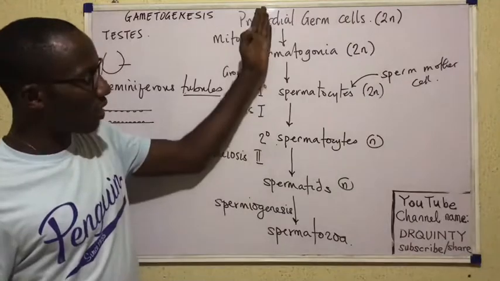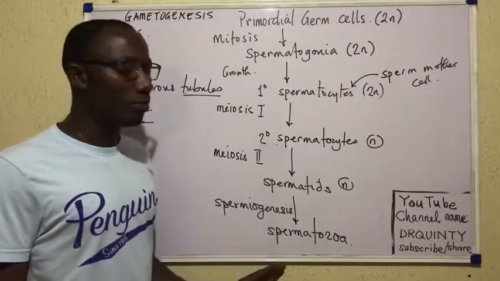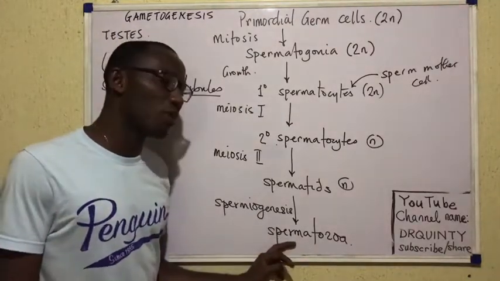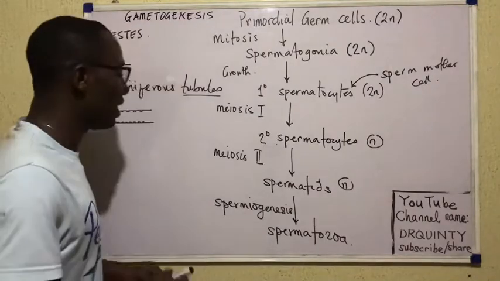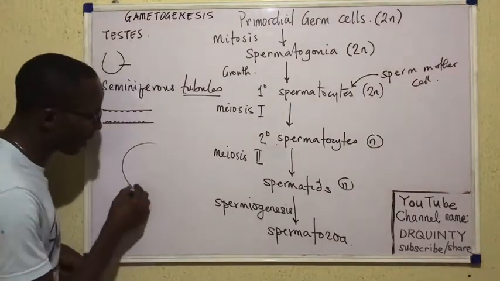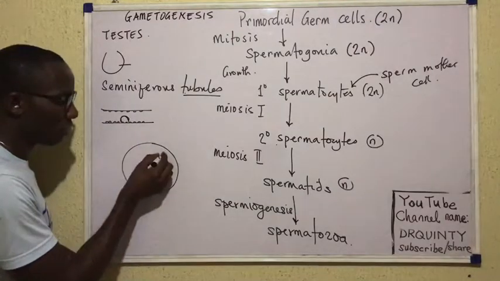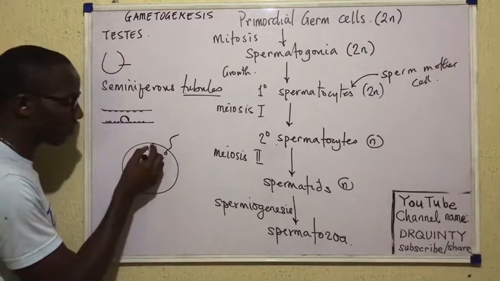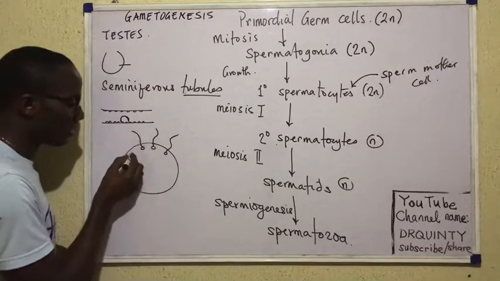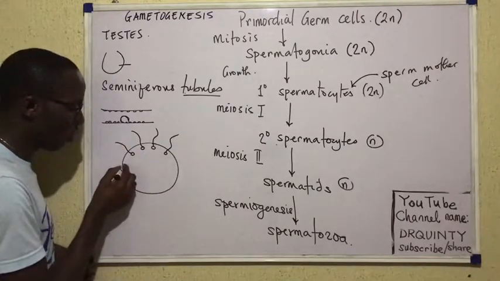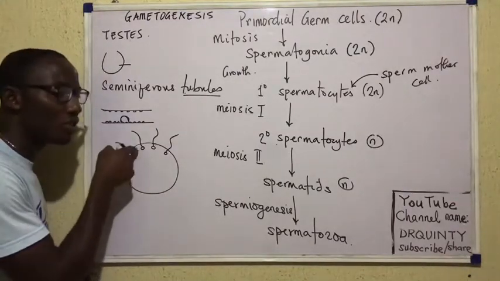So this is how the sperm cells are formed. And as of the time they become spermatozoa like this, they are usually attached to a giant cell that is on this wall. So you have the sperm cells attached to that giant cell. That giant cell has the purpose of nourishing the sperm cells.